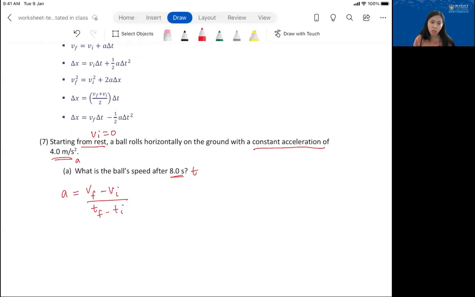You just don't know what is the final velocity. But you simplify this, your VI, your initial velocity is 0, so you're just left with VF on the right side divided by time. Putting TI equal to 0, the time is just 8 seconds, which is the final time.